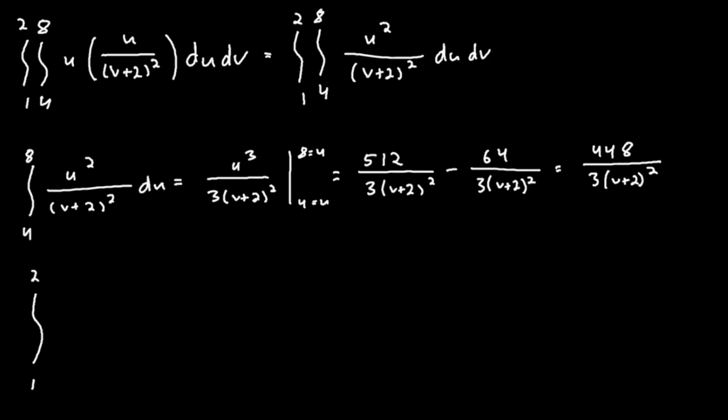So our bounds for v are 1 and 2. And our new integrand is just written down like so: 448 over 3 times (v plus 2) squared dv.